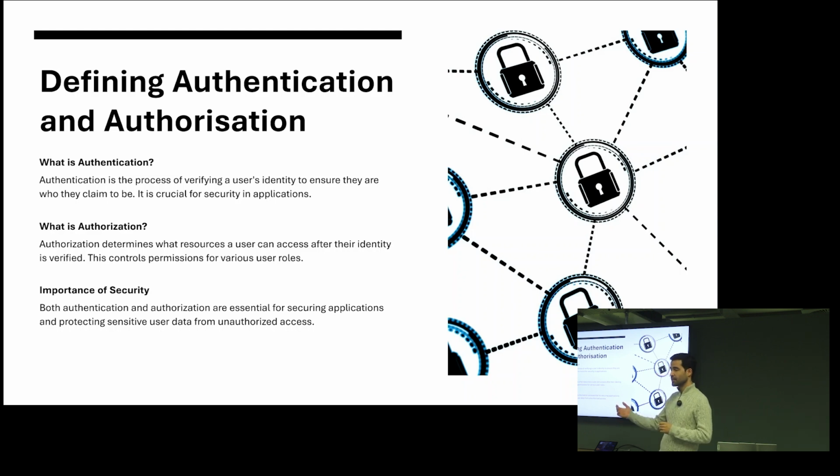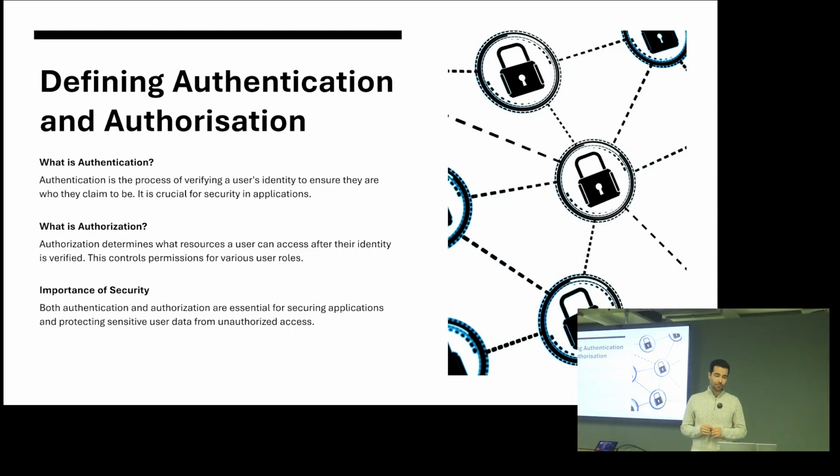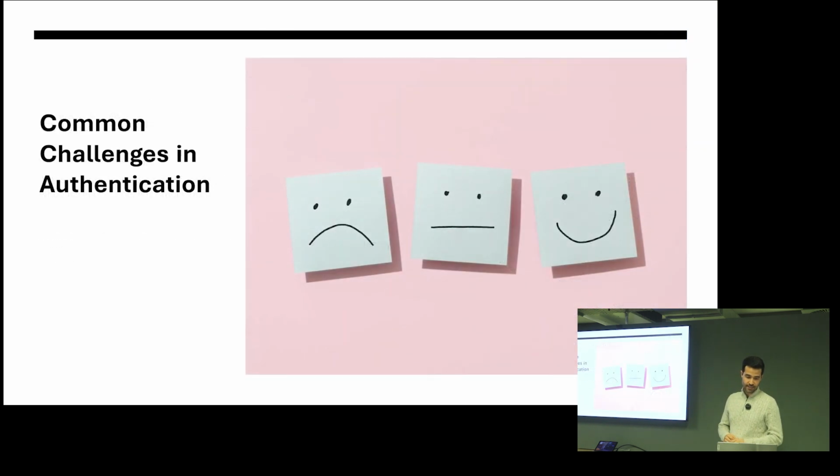And after that, you have authorization. It defines whether the authenticated user has access to this resource or can perform these kinds of actions or not. So this combination of authentication and authorization is the most important bit that secures your applications and ensures that user data are protected from unauthorized access.